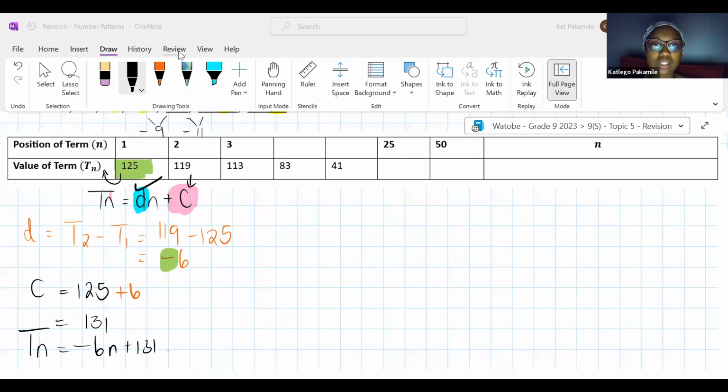Be careful, guys. Look. Is 83 the position? Let me ask it like that. Is this the position? Read your whole table. Is 83 your position or value?